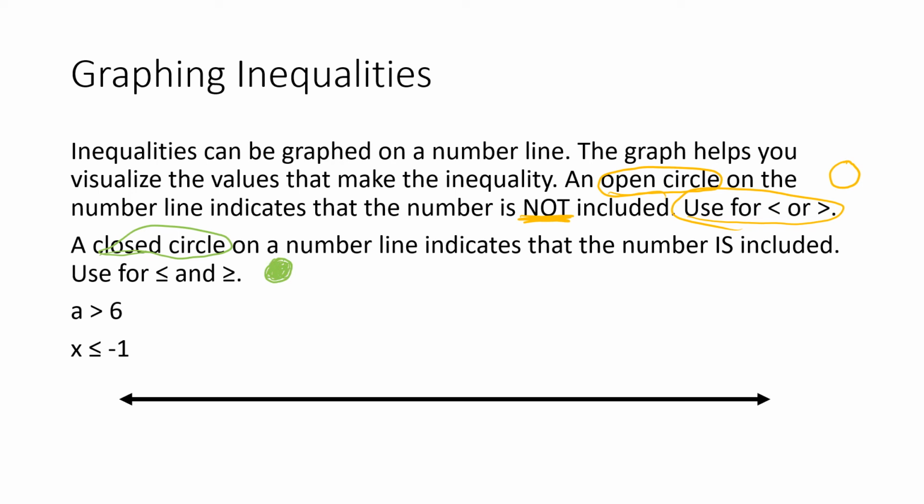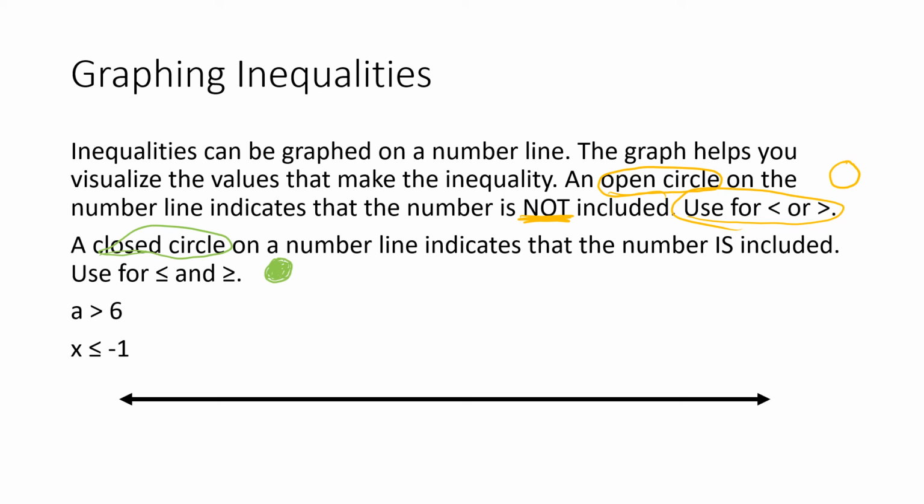Okay. And we use a closed circle to indicate that the number is included. When we place that circle on our number line, a closed circle means we are including that number. An open circle means we are excluding that number.